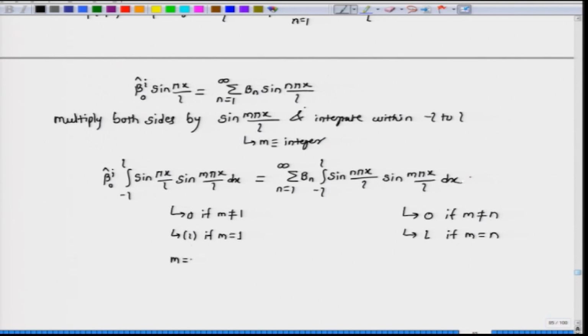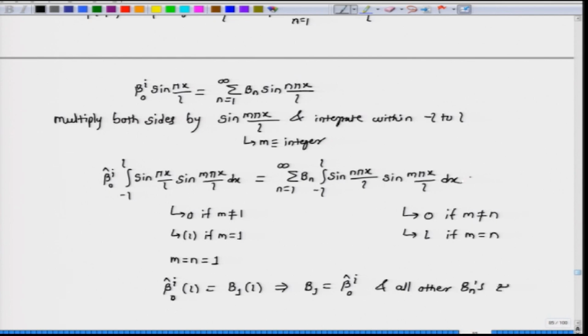So, we should have m equal to n equal to 1, in which case the value of the integrals will be L. So, I can write this equation as beta 0 I cap times L should be equal to, only for n equal to 1, b 1 times L. So, basically we get b 1 is equal to beta 0 I cap and all other b n's are 0.